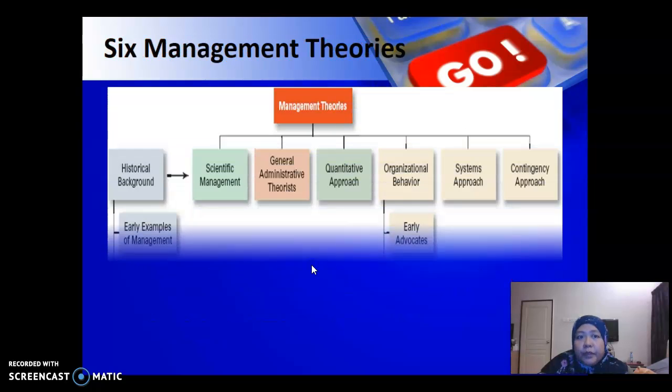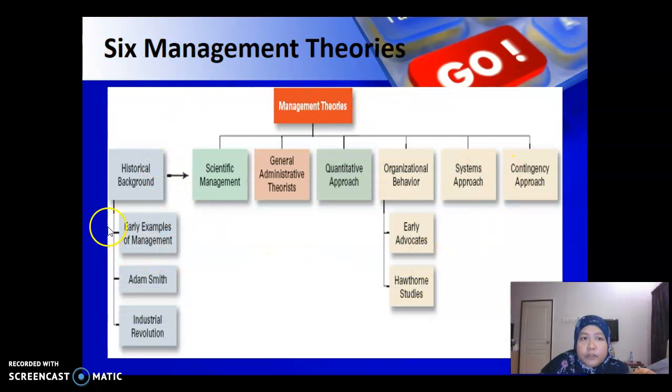Throughout the years there have been a few theories, because each of these people sees management based on their own perception. So we have a few management theories. You will be doing an assignment on these management theories to understand exactly what they are. Okay, I will stop here for discussion.